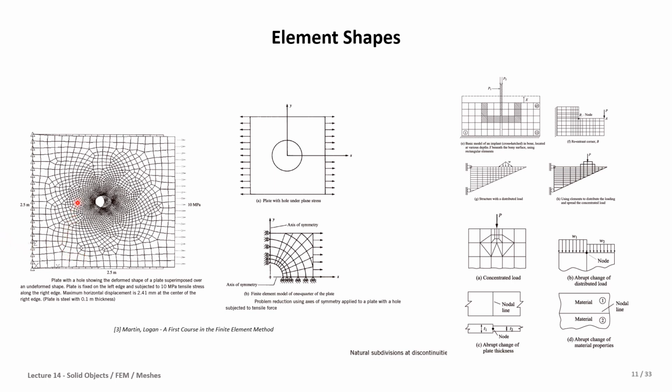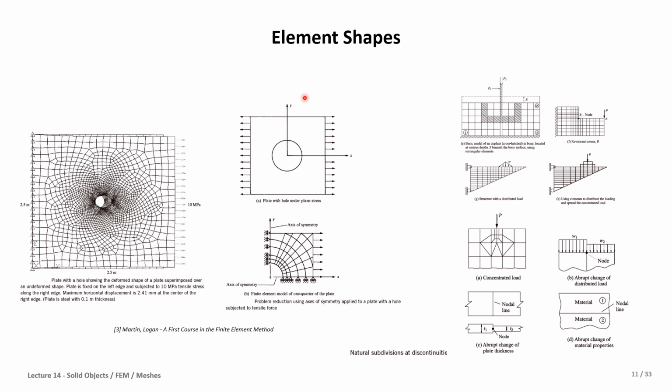As you can see here, the size and the shape of the element near this hole in this domain are different from the other elements. So there are some important points we need to take into consideration when we are doing the meshing in the finite element.